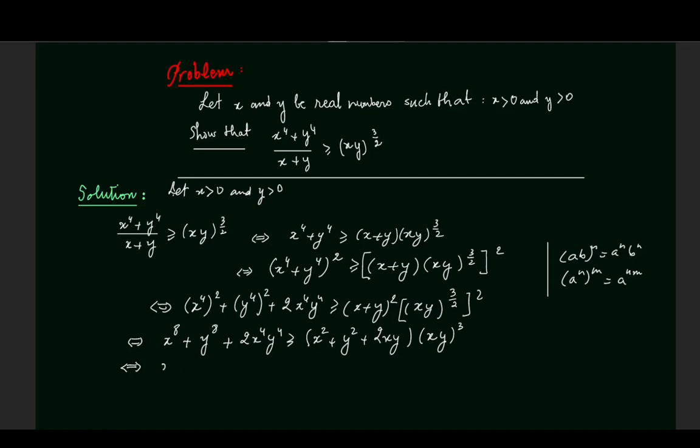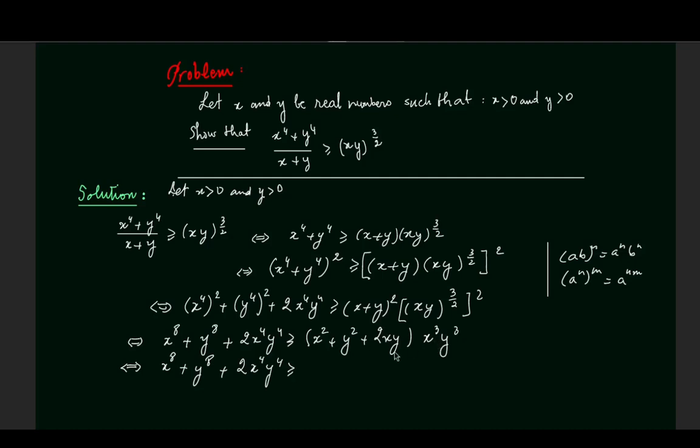So again, it's x to the 8th plus y to the 8th plus 2 times x to the fourth y to the fourth is greater than, and we will expand everything here. So this one is x cubed y cubed.